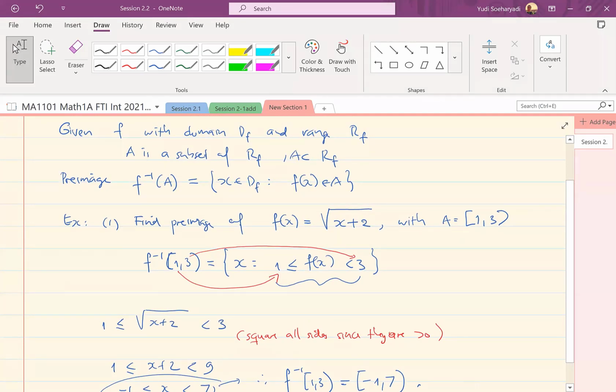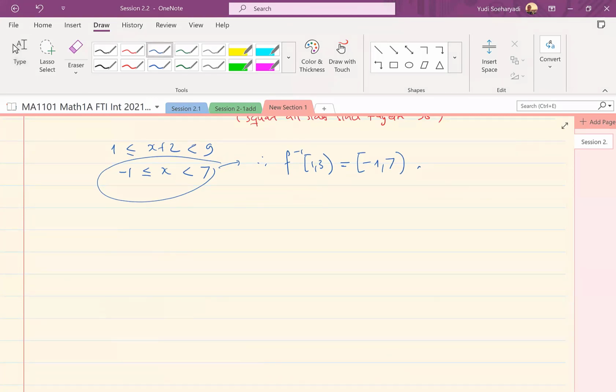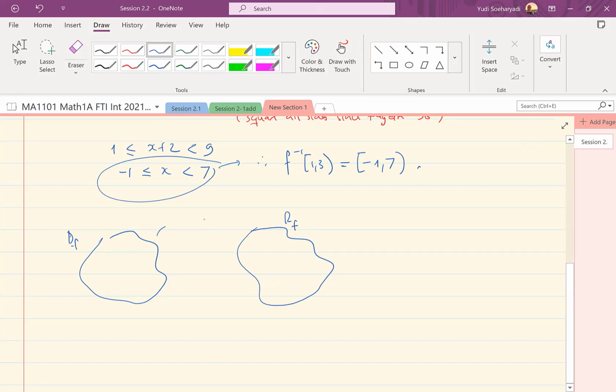So the preimage is something that, well, say this is the domain. This is the range. That's the function. All right, so if we pick something inside the range, the question is, which part of the domain falls into this part?